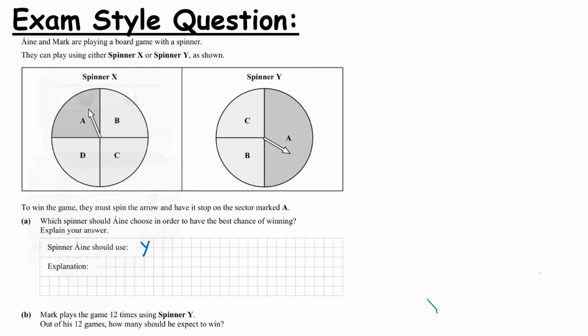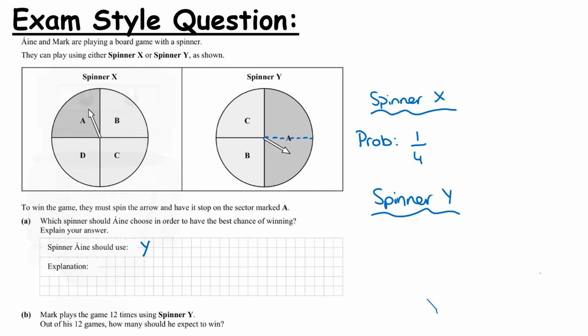So if we think about this, let's divide this into 4 equal pieces, just like spinner X. So in spinner X, I'm just doing it up here because I have more space. In spinner X, the chance, so the probability of getting an A is 1 in 4. For spinner Y, the probability of getting an A, although there was only one section, won't be 1 in 4, because when we talk about this in terms of the spinner, each section would have to be the same size.